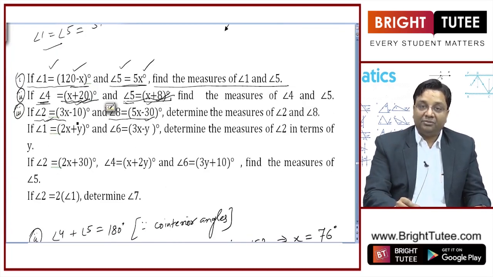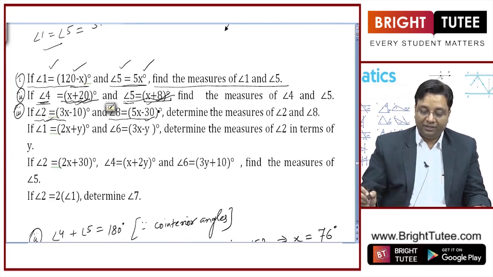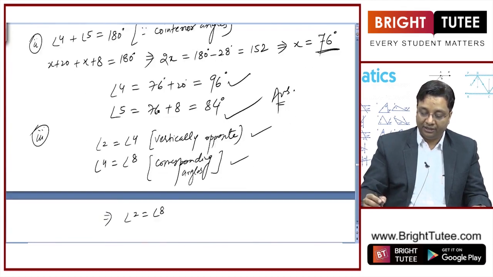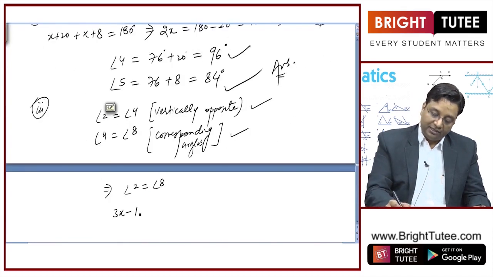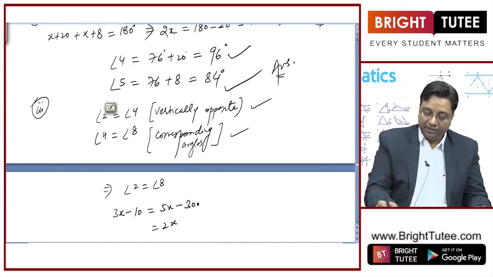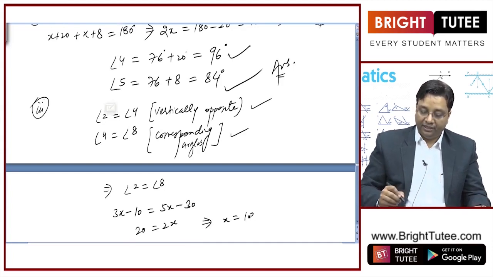Now I have got the relation between angle 2 and angle 8. Angle 2 is 3x minus 10, angle 8 is 5x minus 30. So 3x minus 10 is equal to 5x minus 30. Okay. So 2x here and I will have 20 here. So this will give me x equal to 10. Right.